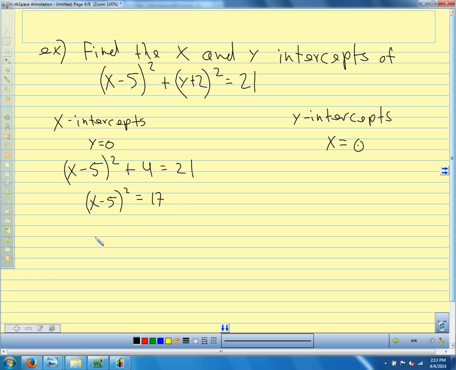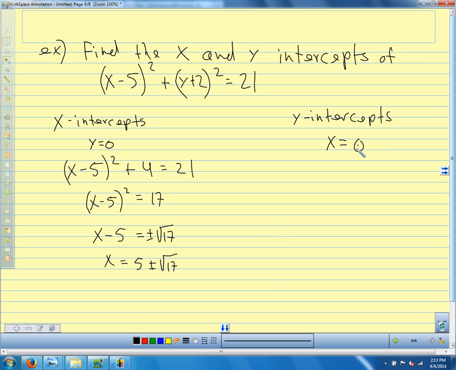Take the square root of both sides. x minus 5 equals, when I take the square root, what do I need to do? Plus or minus. I heard somebody say it. Plus or minus square root of 17. So x equals 5 plus or minus square root of 17. So this circle has two x-intercepts.